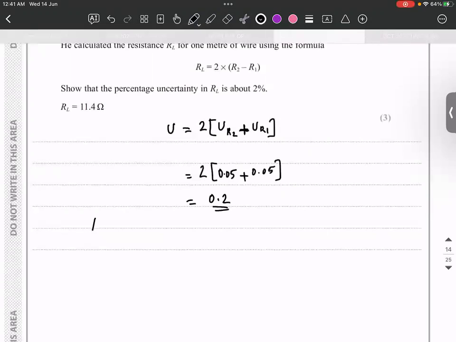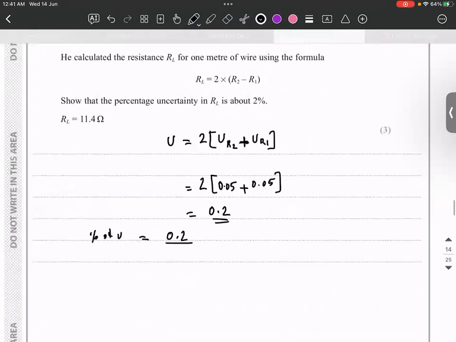Now, if you want to find the percentage uncertainty, the change is 0.2 divided by 11.4 times 100. So we will get nearly 2%. That is 1.8 percentage. Got the idea? So this is the technique behind this test. Hope you got the idea behind this.